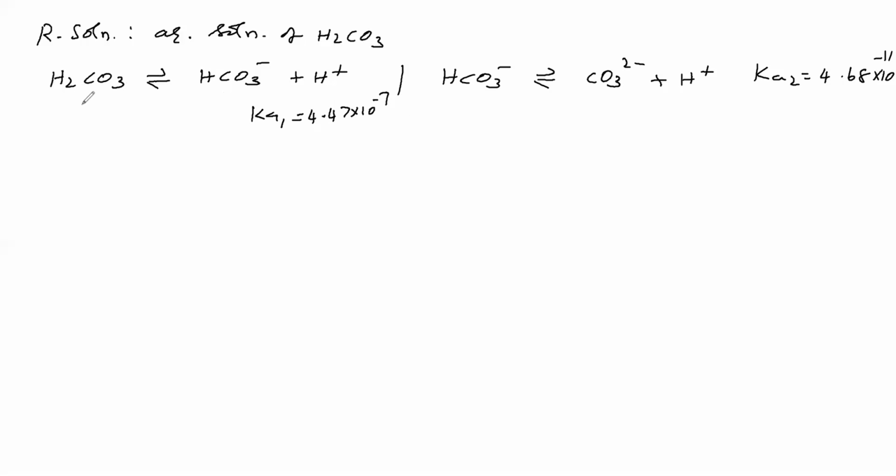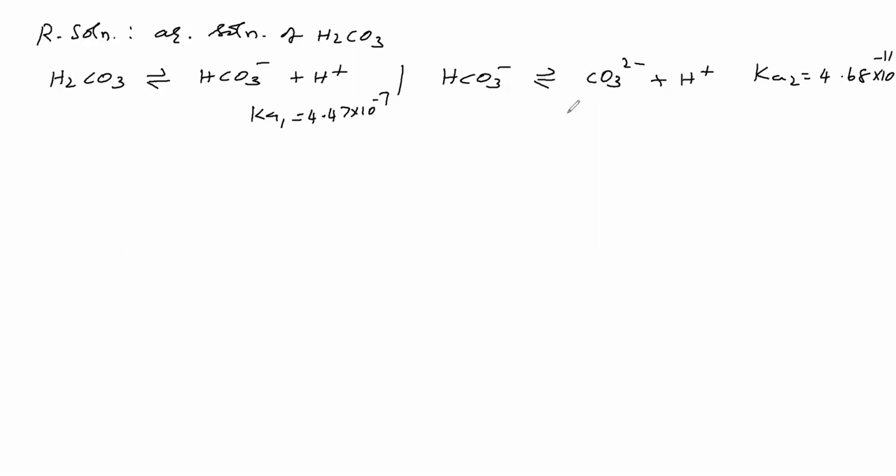Then is it necessary to consider this equilibrium also to find H plus concentration in order to say pH? Is it necessary? It is not necessary, because this equilibrium itself lies almost left. Then what is the necessity of this equilibrium?